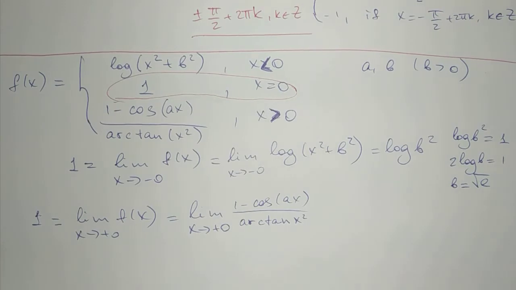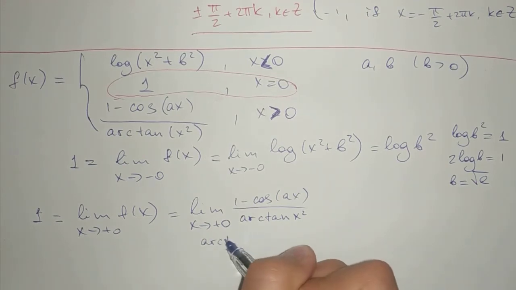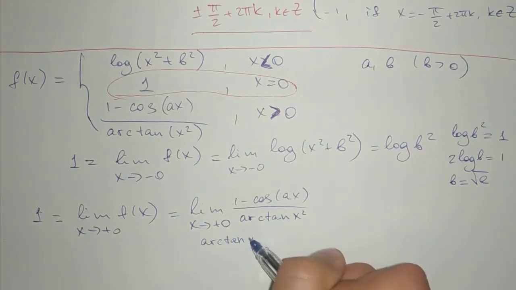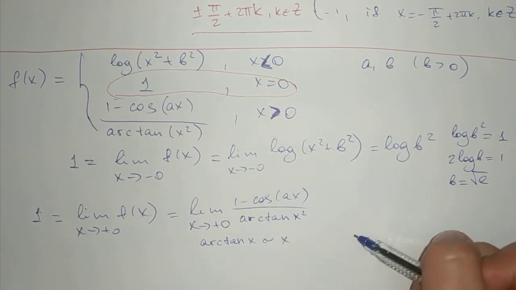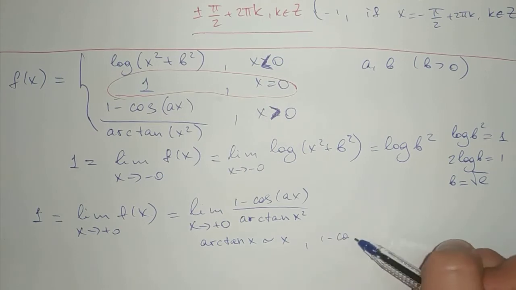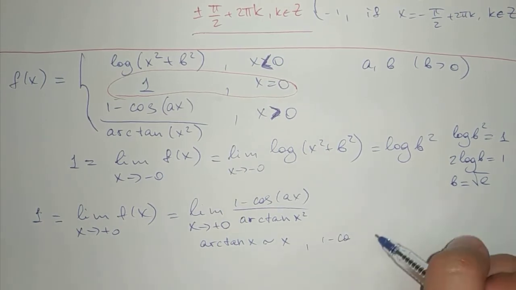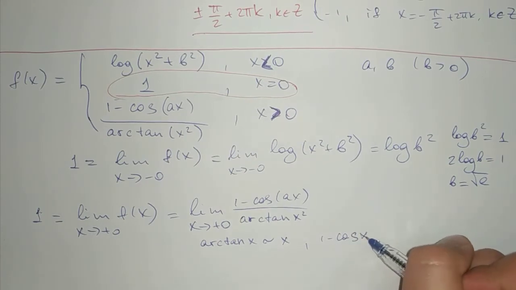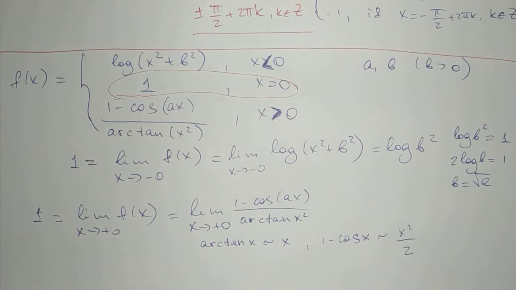Okay, using fundamental limits, arctangent x is equivalent with x, and 1 minus cosine x is equivalent with x squared over 2.